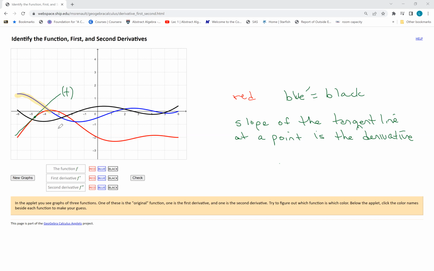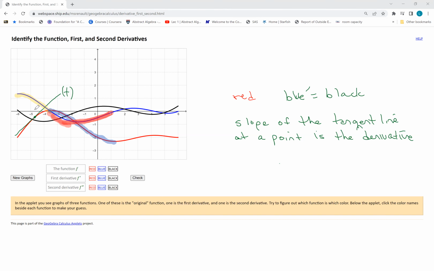And then red starts decreasing. So from here to here, the slope of any tangent line would be negative. And notice that the blue line is negative from here to here.